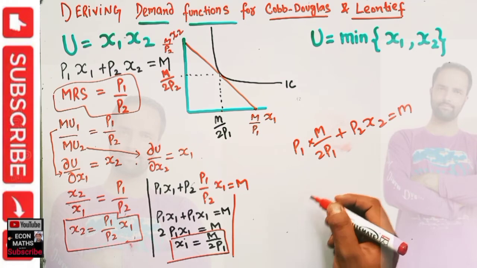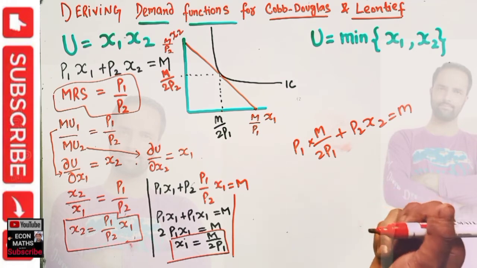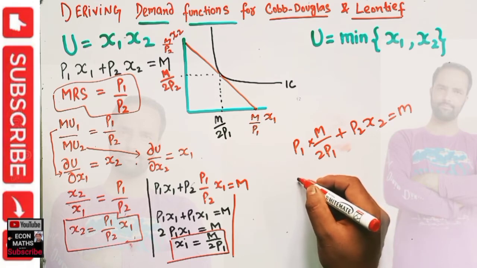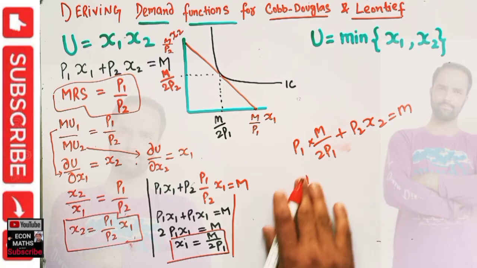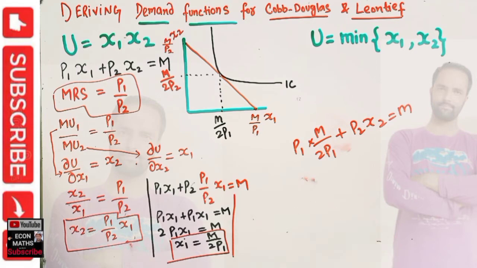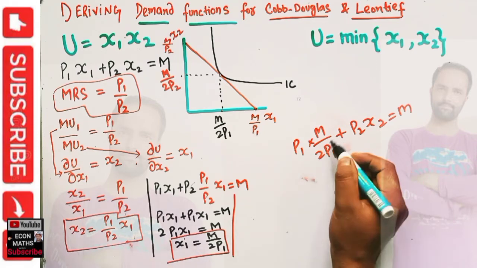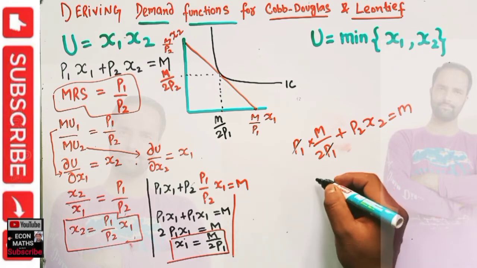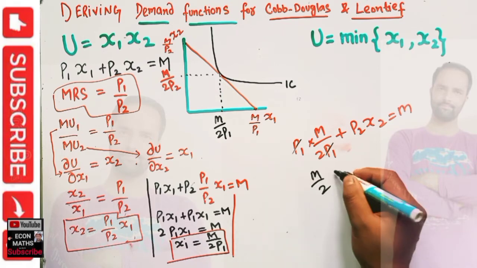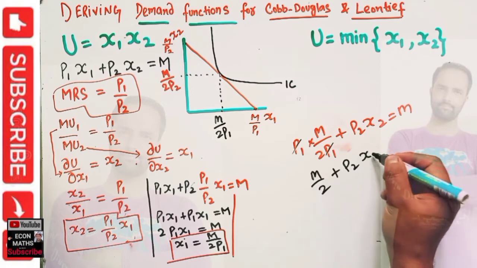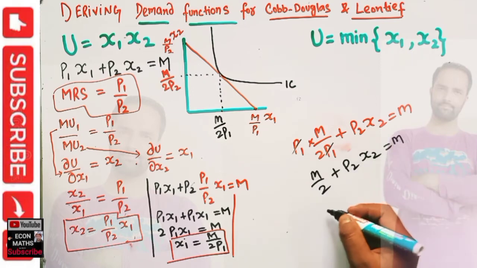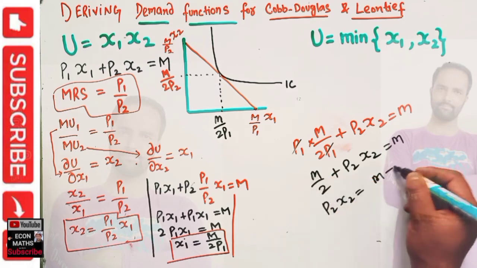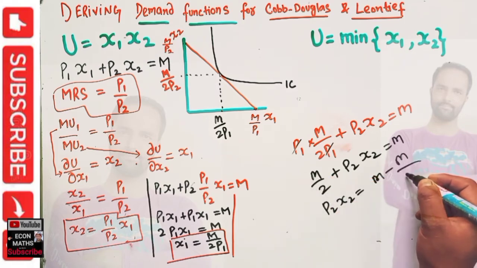Here p1 and p1 will get cancelled. So we are left with m upon 2 plus p2 x2 is equal to m, which gives us p2 x2 is equal to m. Transposing this here, it will become minus m upon 2.